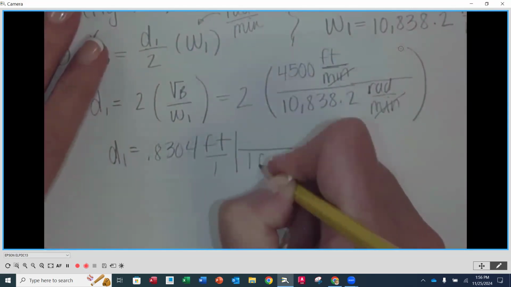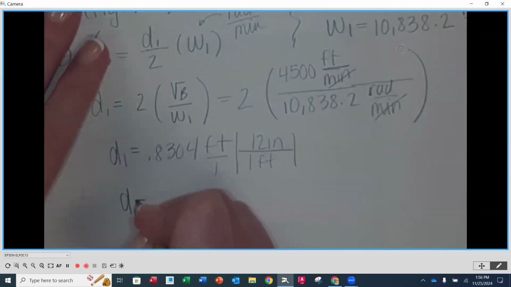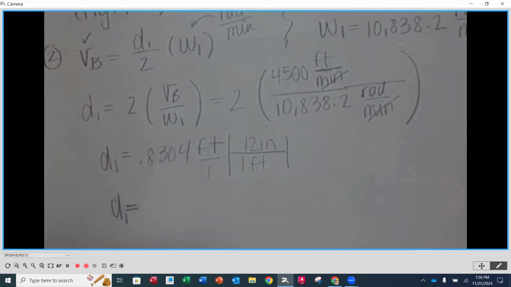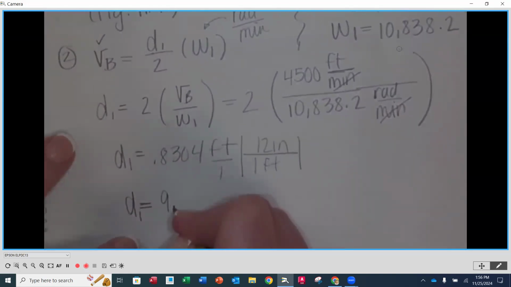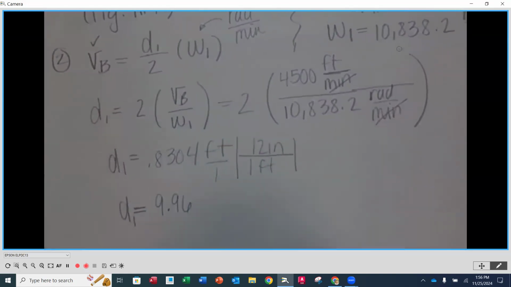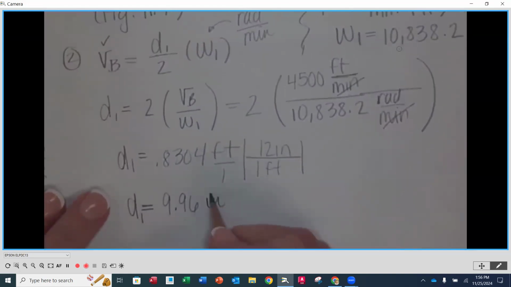We know that in 1 foot, there are 12 inches. So our D1, what is that value in inches? I got 9.96 inches. Do you guys get that?